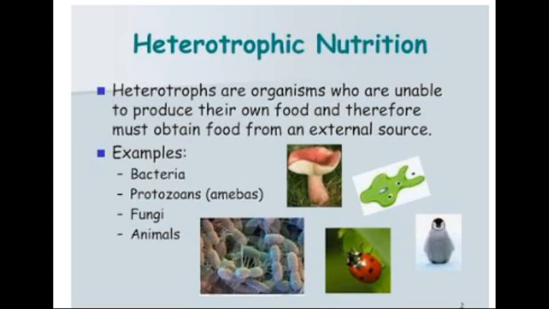Did you understand the difference between heterotrophic nutrition and heterotrophs? Examples for heterotrophs, that means organisms which cannot prepare their own food and depend on another organism for their food, are bacteria, animals, human beings, mushroom, etc.